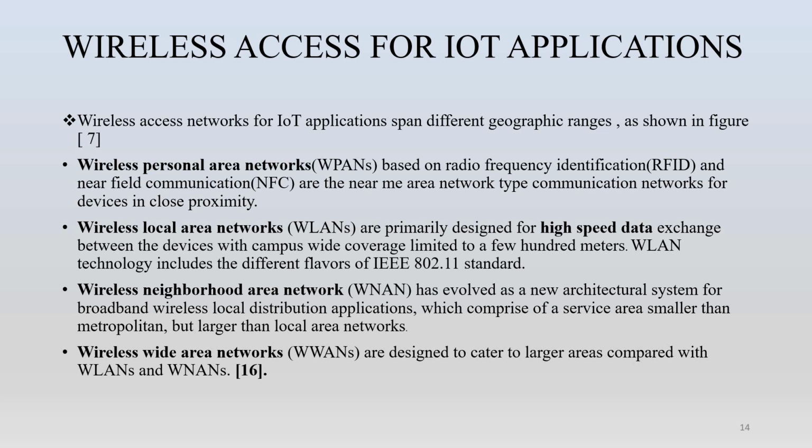In summary, each type of wireless network serves specific purposes based on the range and coverage required. WPAN is for close proximity, WLAN is for high-speed data exchange within a limited area, WNAN is for broadband distribution in a medium-sized service area, and the WWAN is for broader coverage over larger geographic regions.